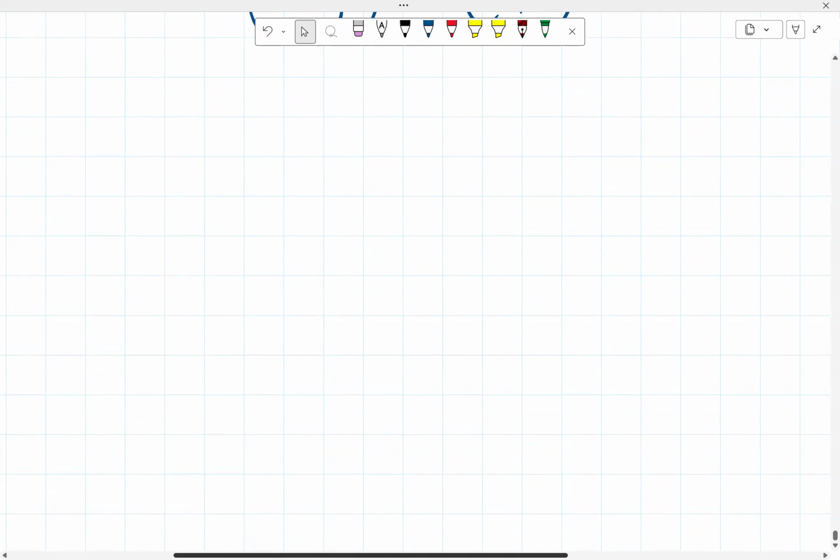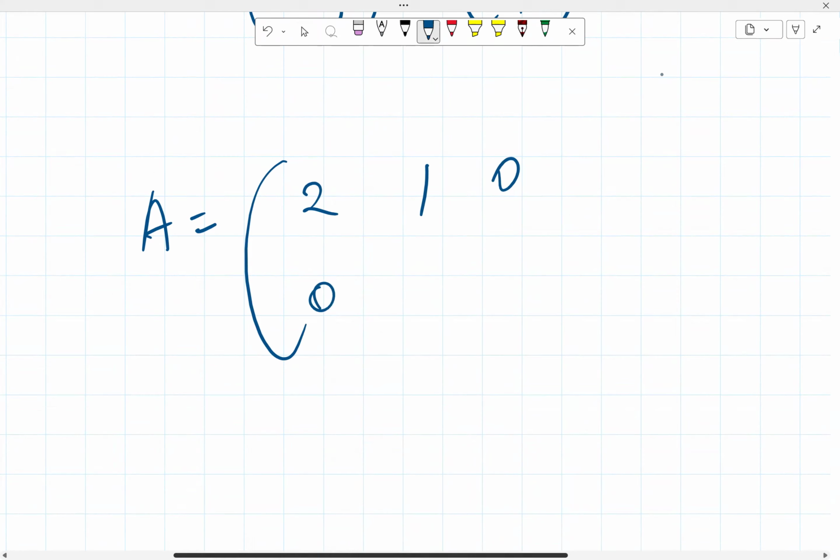Let's say A is 2 1 0, 0 2 1, 0 0 2. That's what that matrix looks like.